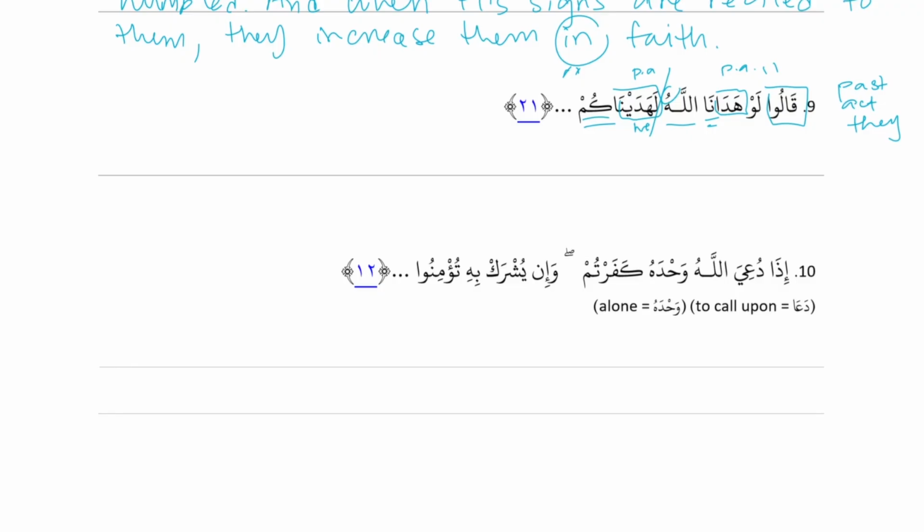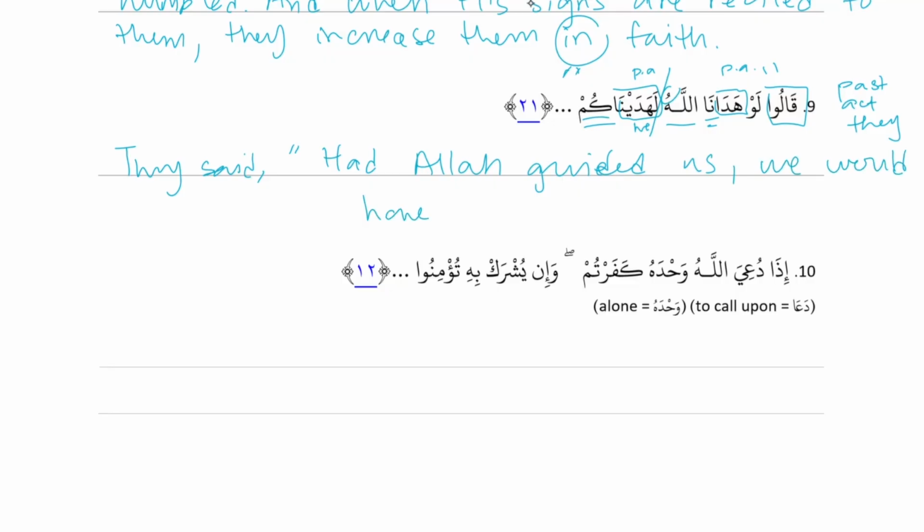Good. Let's translate. Okay, they said. They said. Start of the quote. And then doer, had Allah guided us. Good. Doer. Action. Receiver. Had Allah guided us, we would have guided you all. We would have guided you all.